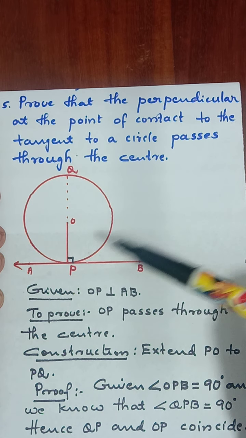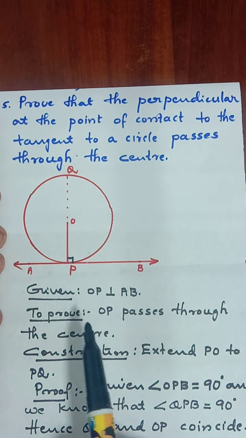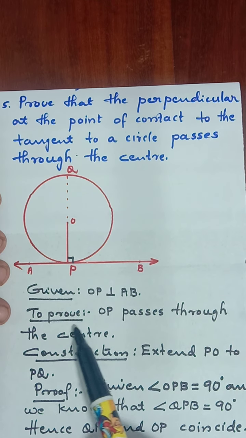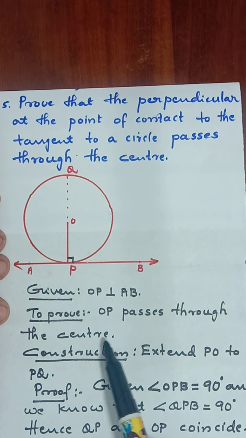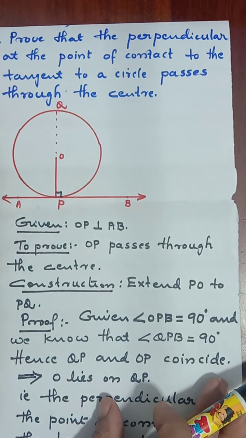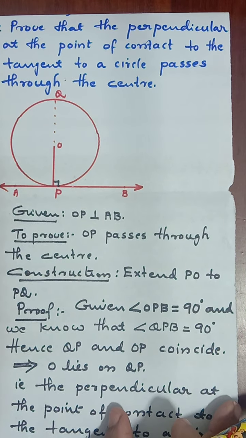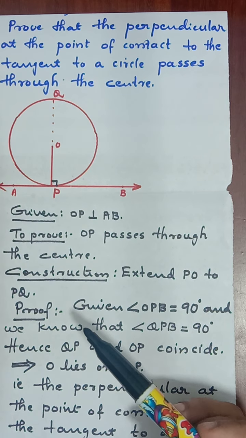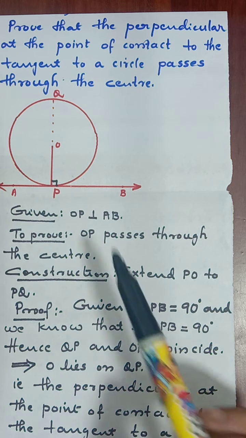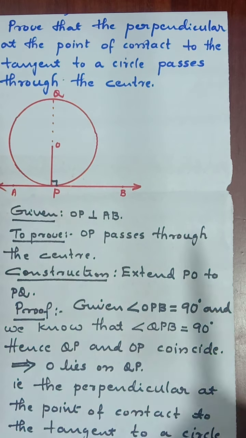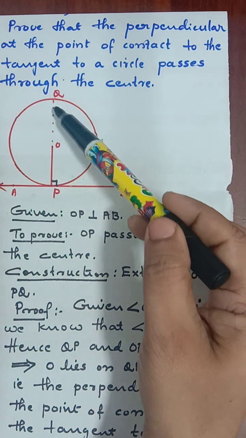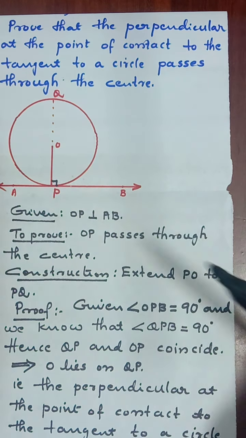Very simple thing. What is given we have to write. It's given that OP is perpendicular to AB. We have to prove that OP passes through the center. Now according to construction, we are extending PO to PQ. Then proof: given OPB angle equals 90 degrees and we know that QPB also equals 90 degrees.